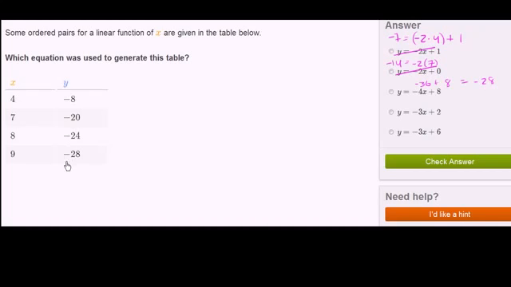And that's exactly what we see here in this table. So we don't even have to look any further. Choice 3 satisfies the condition that when x is any one of these values, the corresponding y defined by this equation is what we see in the table. When x is 4, y is negative 8. When x is 7, y is negative 20, so on and so forth.